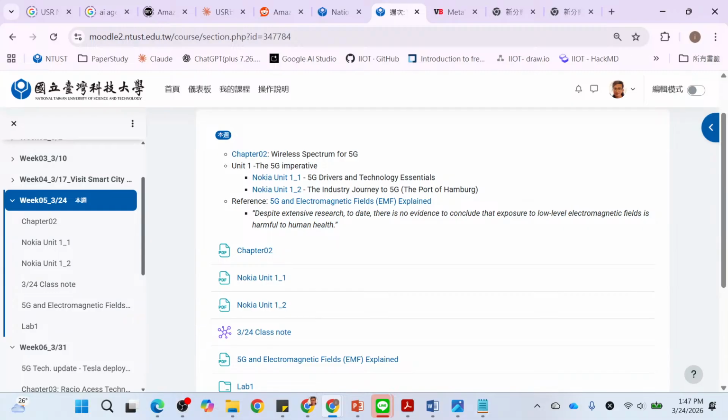And remember, last week we visited the Smart City Expo, right? And we visited the Chunghwa Telecom booth, and also the Far East Telecom booth. So they demonstrated some application scenarios to us.